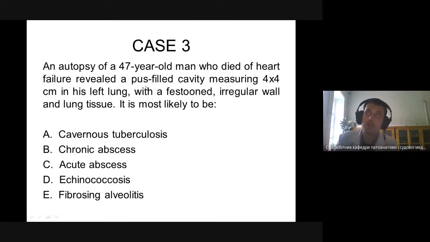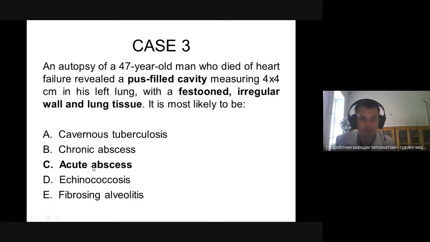Pus is the feature of purulent inflammation or bacterial inflammation. So it's either chronic abscess or acute abscess. To differentiate them, you have to look at the wall. In this case, the wall was formed by lung tissue, so the answer is acute abscess then.